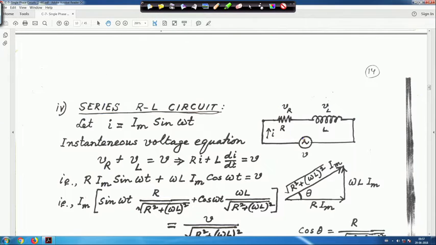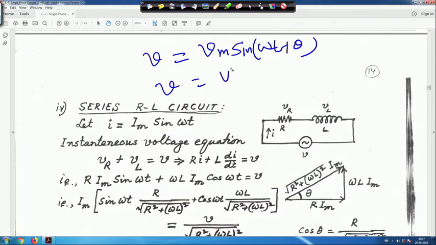That means in general when you compute the current, suppose this V is given, we got V equal to Vm sin(ωt plus theta). If we put it in RMS value, V is equal to Vm by root 2 at angle theta. And if you try to find the current, you can make it a phasor, V arrow.